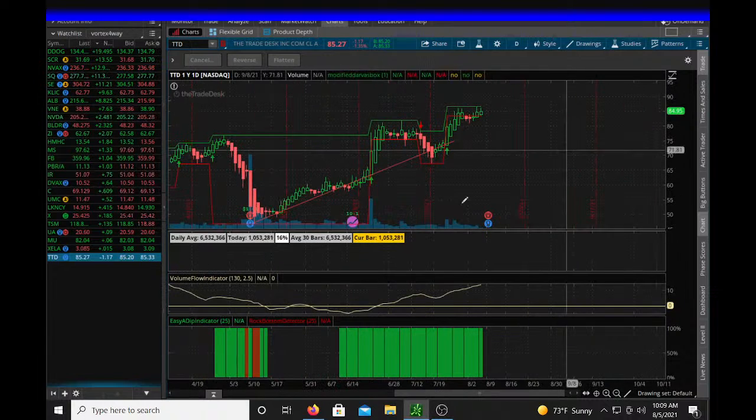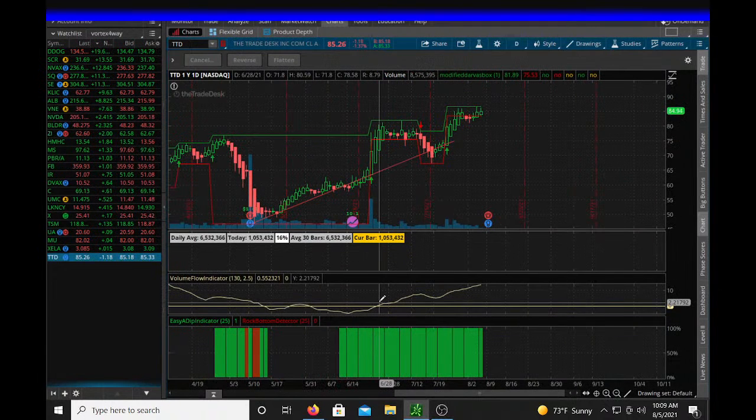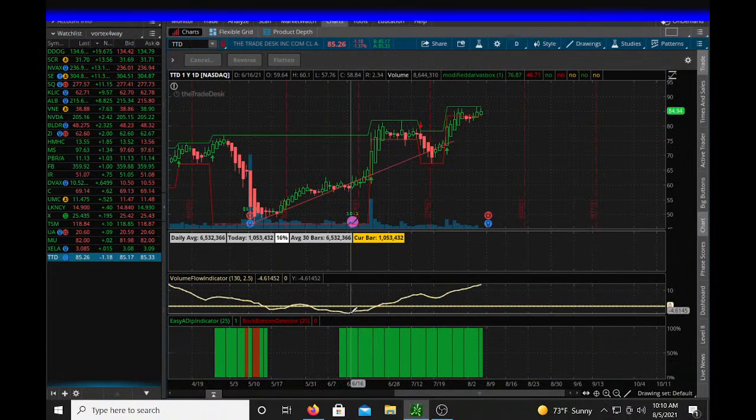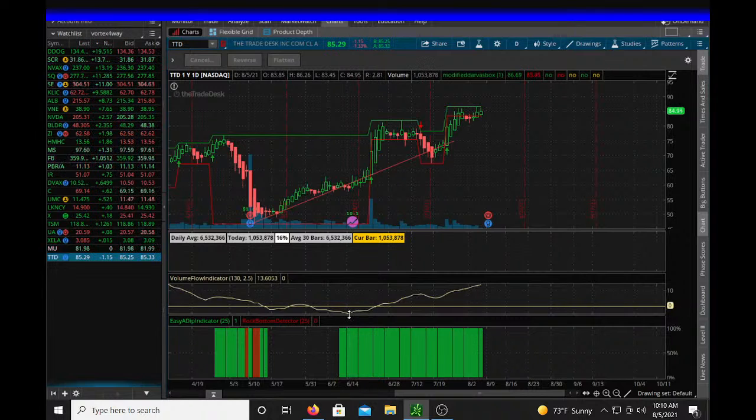Now we've got volume going in our favor again here, starting to travel back up, or volume being less than 0. It may be even worth building the scanner and then just going through each one and finding it yourself, flipping through.